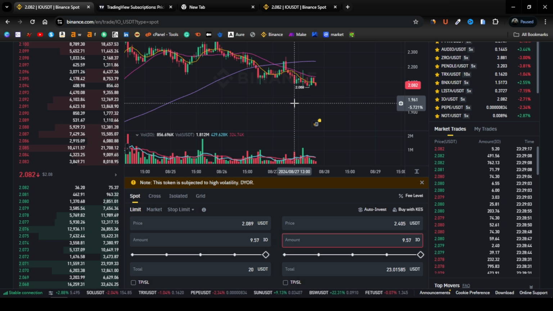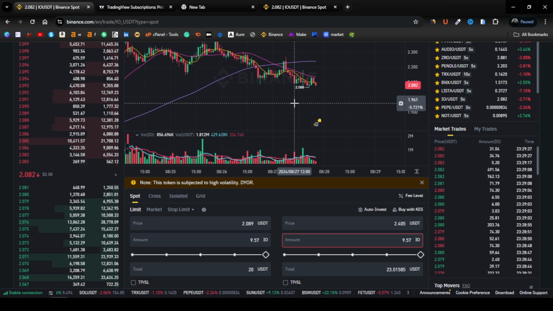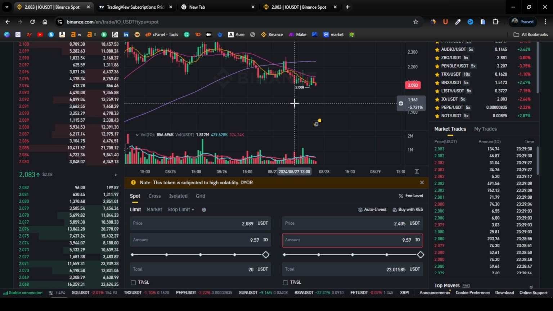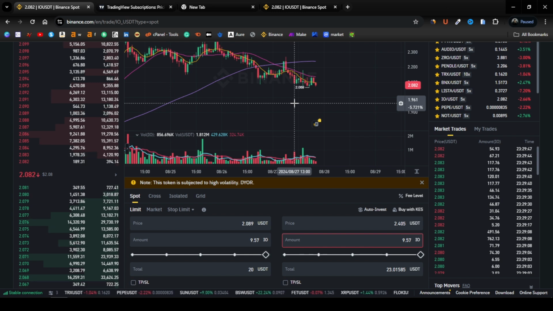But for now, since this token has not reached this price, you cannot buy it at 1.961 because we don't know how the market is going to move. The market might move up or it might move down. So for now, we're going to do a purchase at the current price.